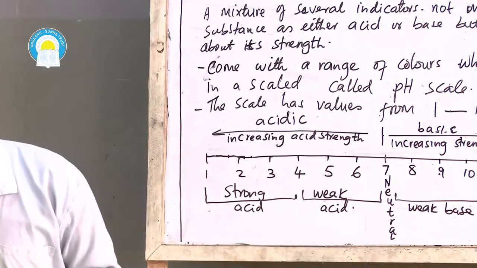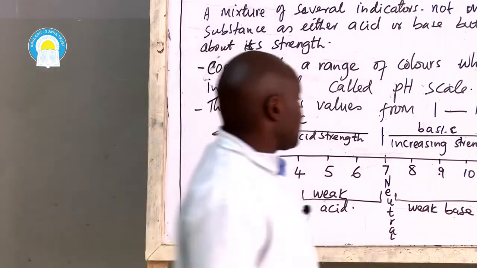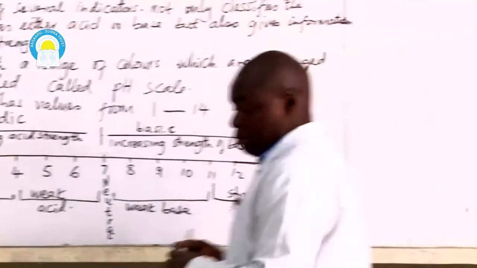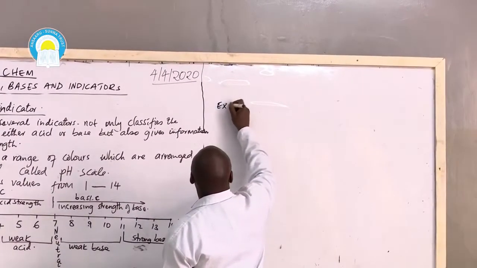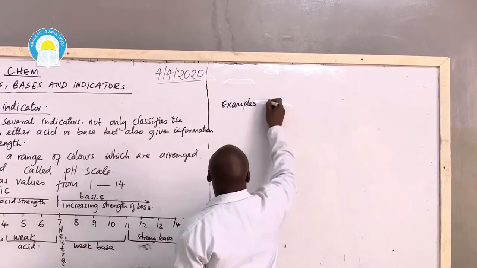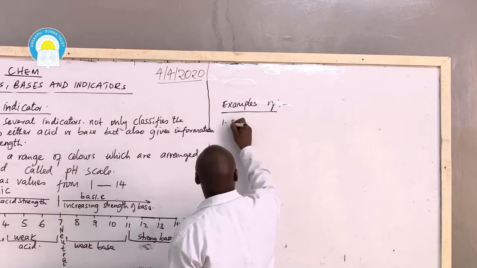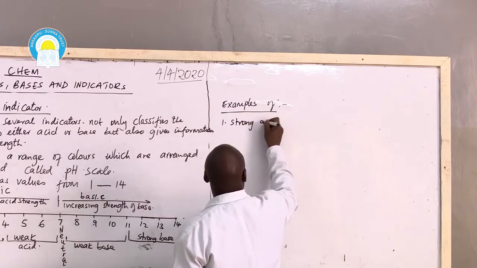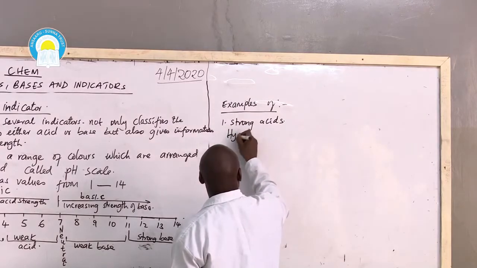So, examples of strong acids and bases. Number 1, strong acids. We have said one is hydrochloric acid.